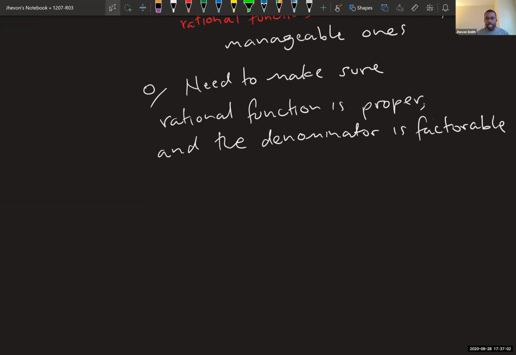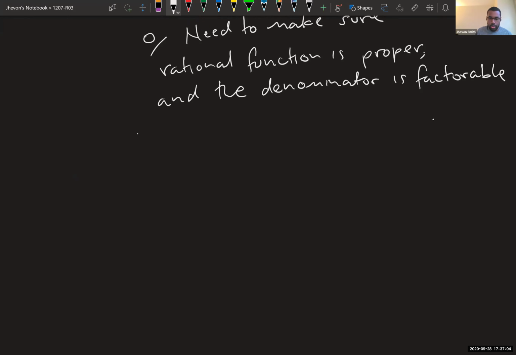Once you know that these are true, and of course, if it's not proper, you can make it proper. We showed you that last time through long division or some sort of algebraic manipulation.